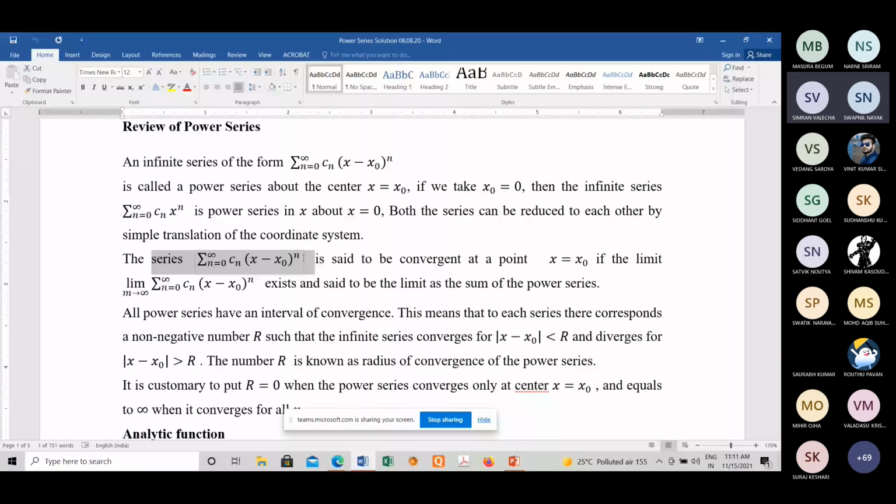What will happen in that case? The solution is a relation between the dependent variable and the independent variable which satisfies the given differential equation. It means the value of y in terms of x which will satisfy the given differential equation.